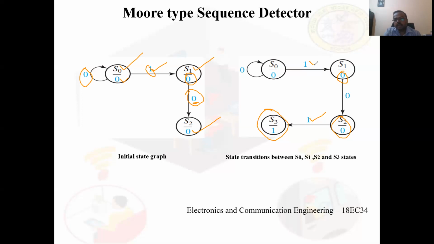But since we have received the sequence 1, 0 and 1, the output has to be 1, so it will go to the new state S3. So just by comparing the Moore type and the Mealy type, we know that the Moore model requires more number of states to implement any Boolean function.